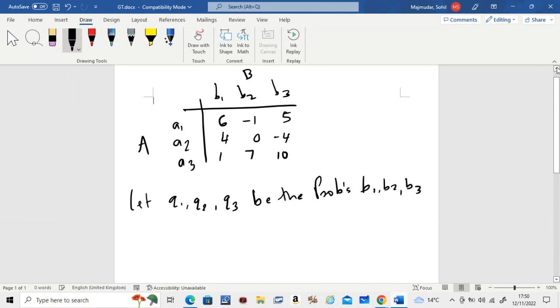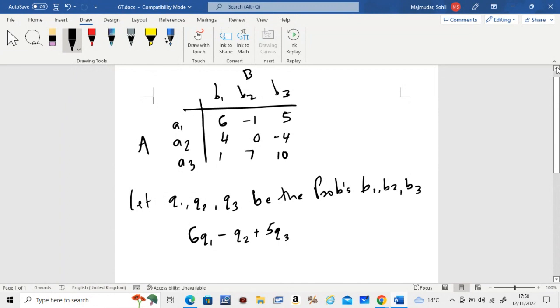And then we make the linear programming problem. So now remember, player B will do minimax. So the first equation becomes 6Q1 minus Q2 plus 5Q3.